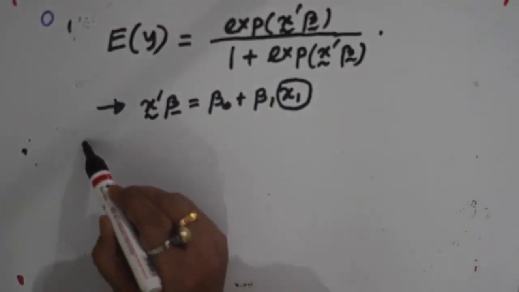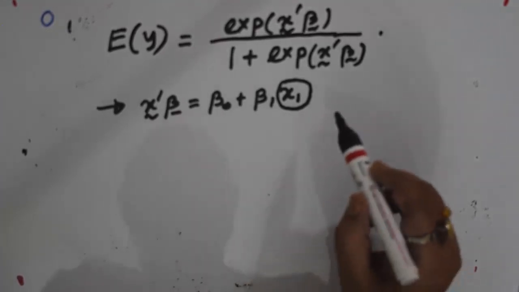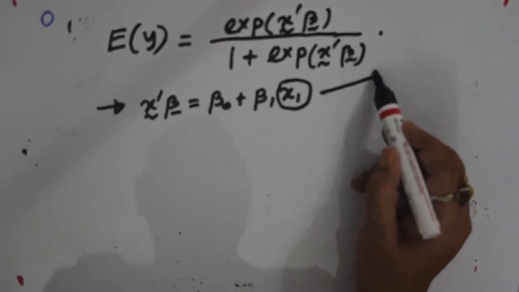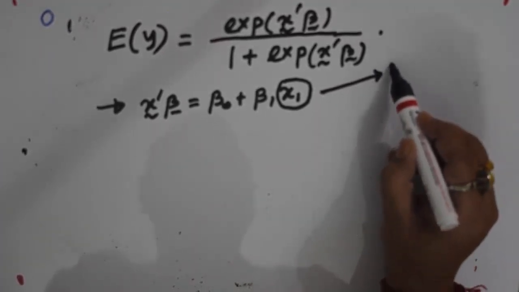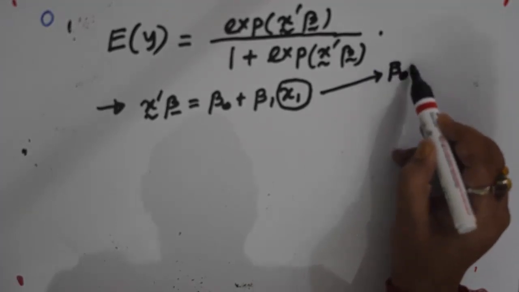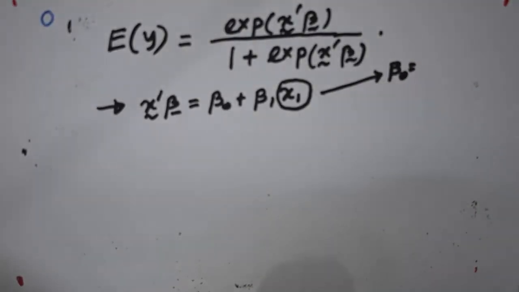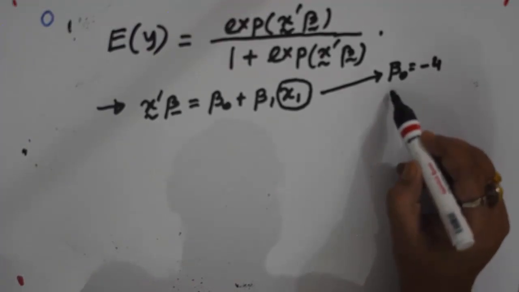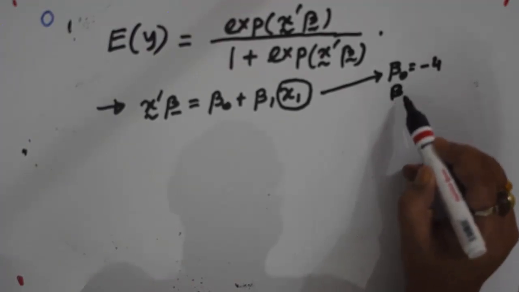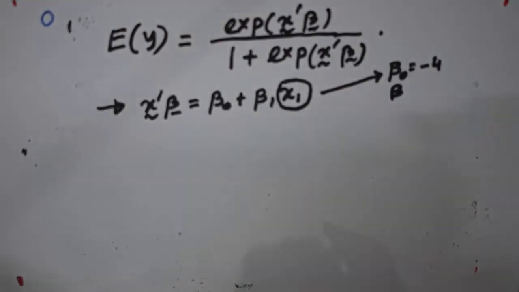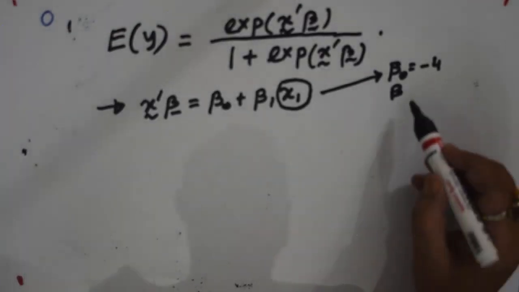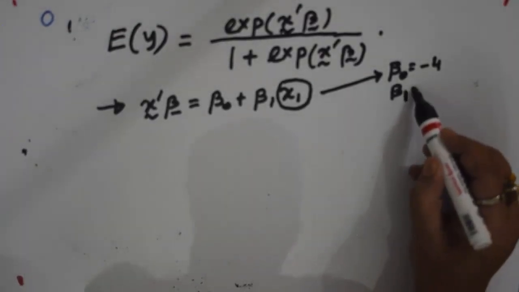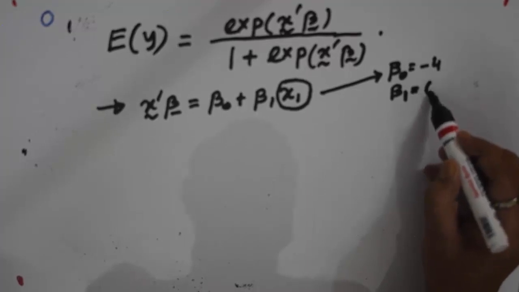Then first we take beta naught equal to -4 and beta 1 equal to 0.8.